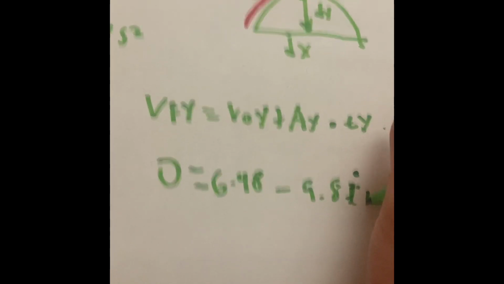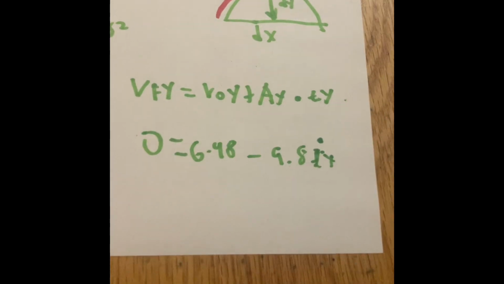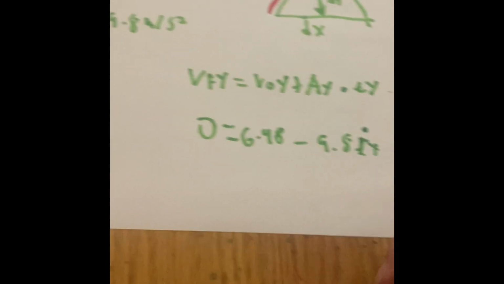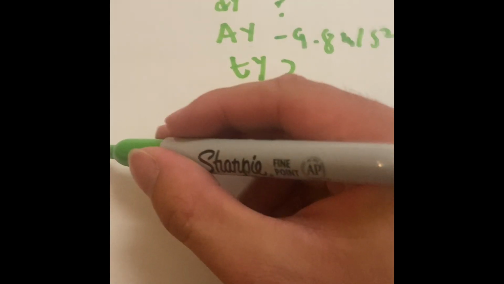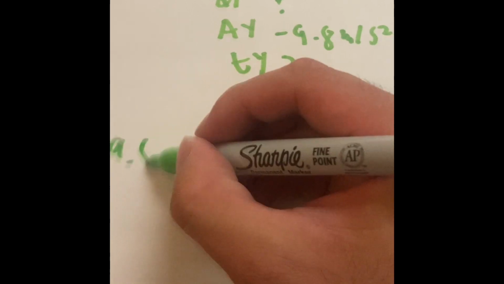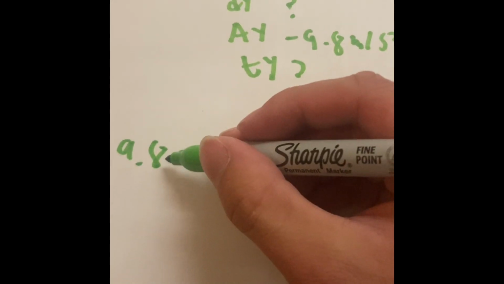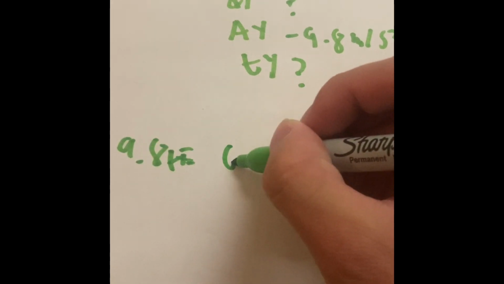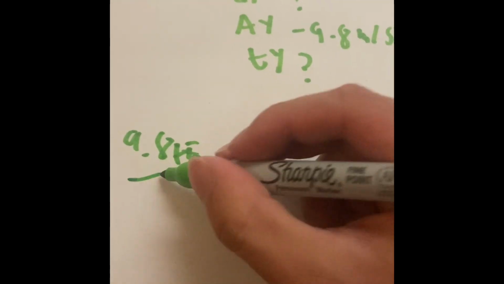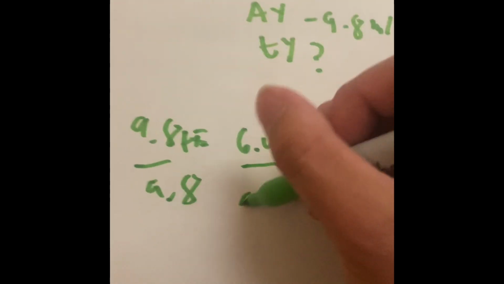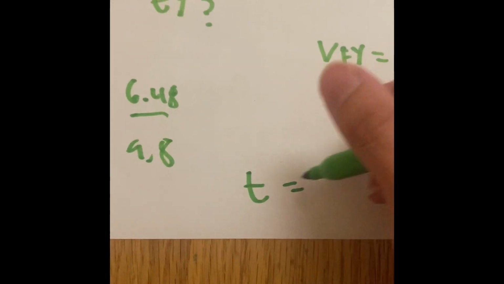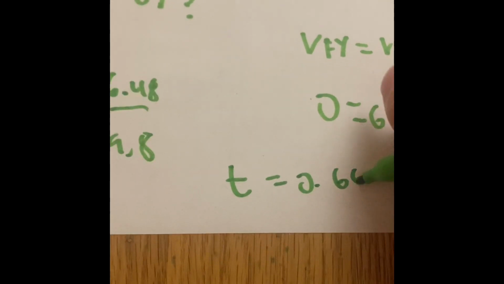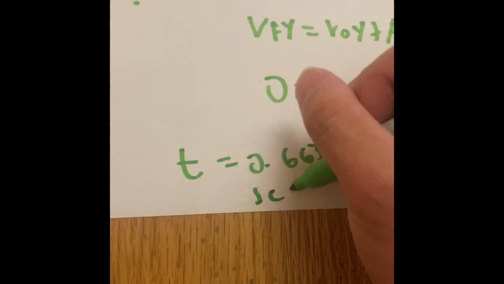We're trying to find what ty is alone. So we get a positive 9.8 ty equals 6.48, divided by 9.8 divided by 9.8. And we should get our t is going to be 0.665 seconds.